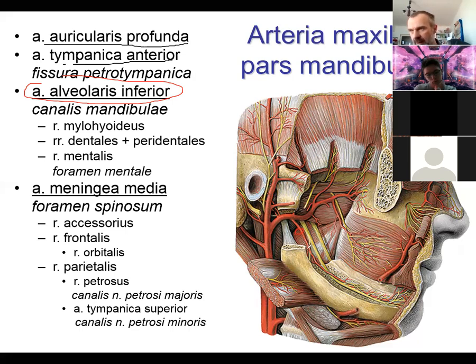Before it gets inside the canal, it gives this branch, which is called the mylohyoid branch, and it runs with the mylohyoid nerve to supply the mylohyoid muscle and the anterior belly of digastric. So you can see it here down. There's the mylohyoid, and this is the inferior alveolar.